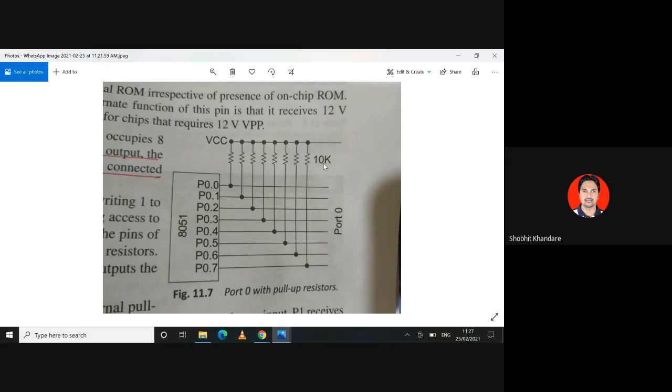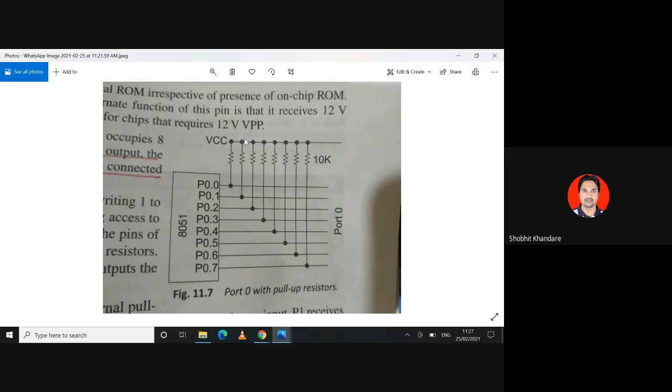So you can write down only one sentence. Write down the heading as Port 0. Port 0 is an 8-bit open drain bidirectional I/O port.